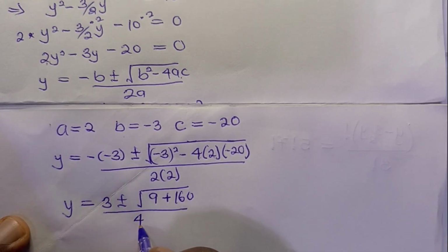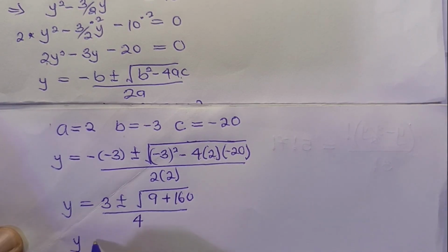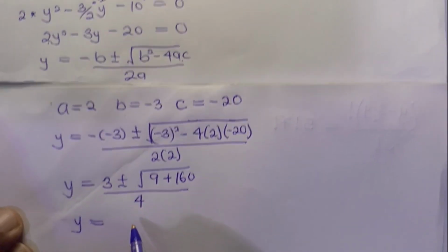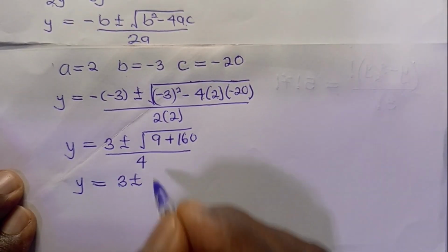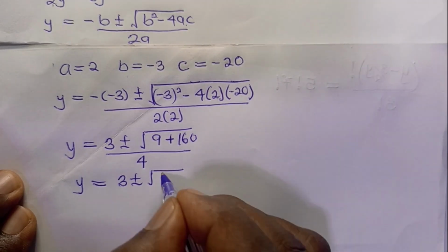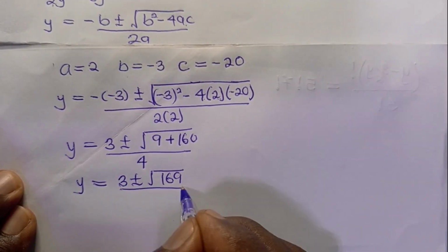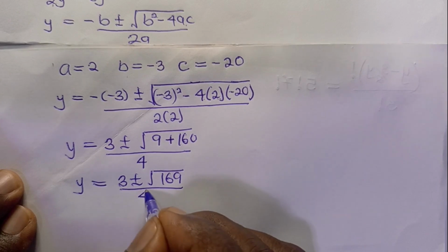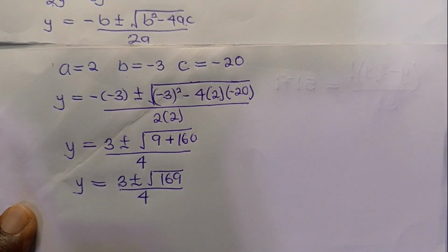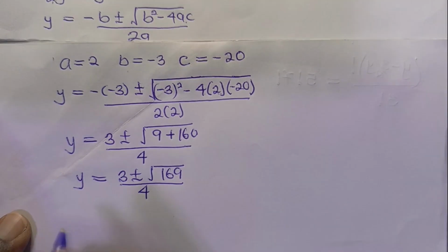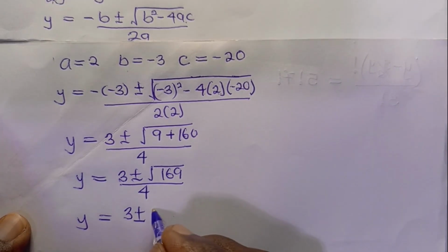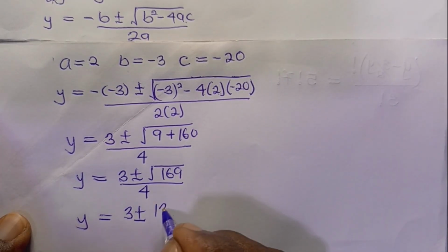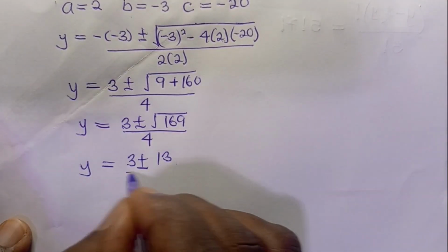So we have y equals 3 plus or minus the square root of 169, divided by 4. So y equals 3 plus or minus 13, divided by 4.